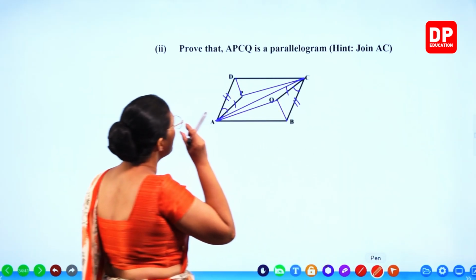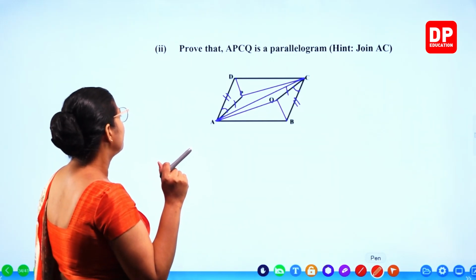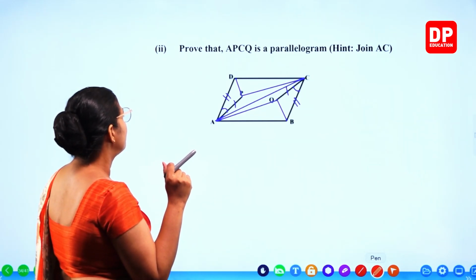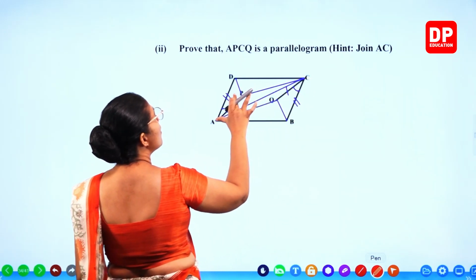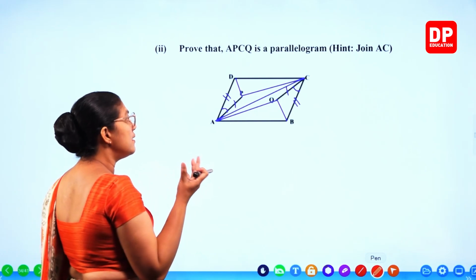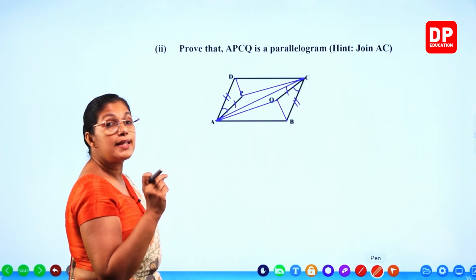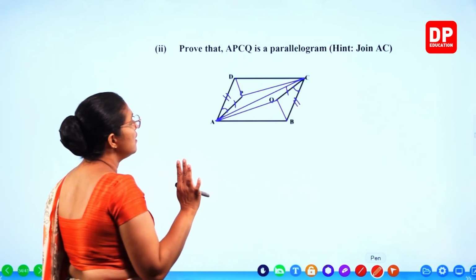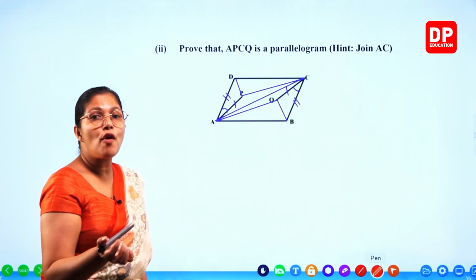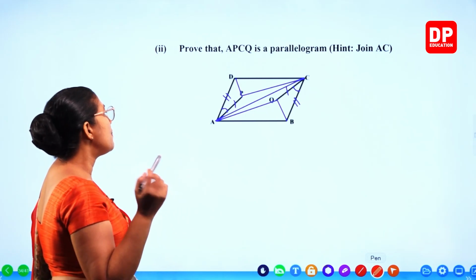How are we going to show that? If we can show that these two sides are parallel, we can easily show that it's a parallelogram because AP and QC are equal. If one pair of opposite sides are equal and parallel, that's a parallelogram.